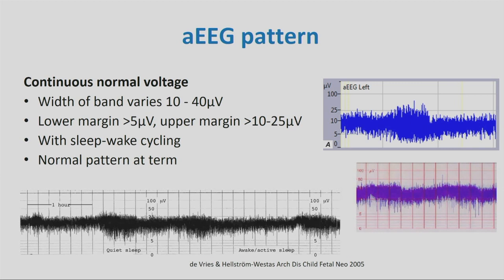The lower margin is always above 5, unless sometimes it drops a tiny bit down, but it's above 5 here. In this one, it's always above 5. And the upper margin is above 10 or above 25 even. So here, and then it goes up here. 25 is in quiet sleep. Normal pattern at term.